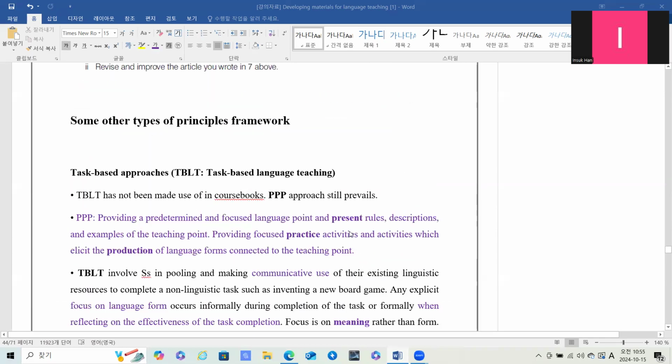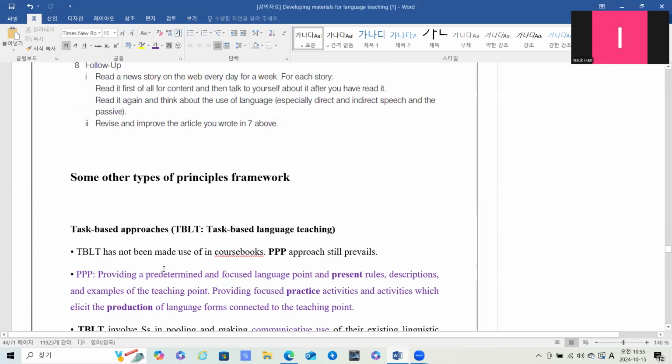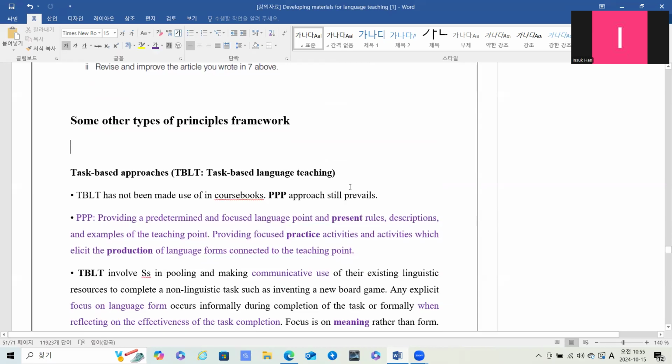Let's pass through and look at some other frameworks for developing material. The first one is the task-based language teaching approach, which is very famous because it is the precise realization of communicative language teaching.